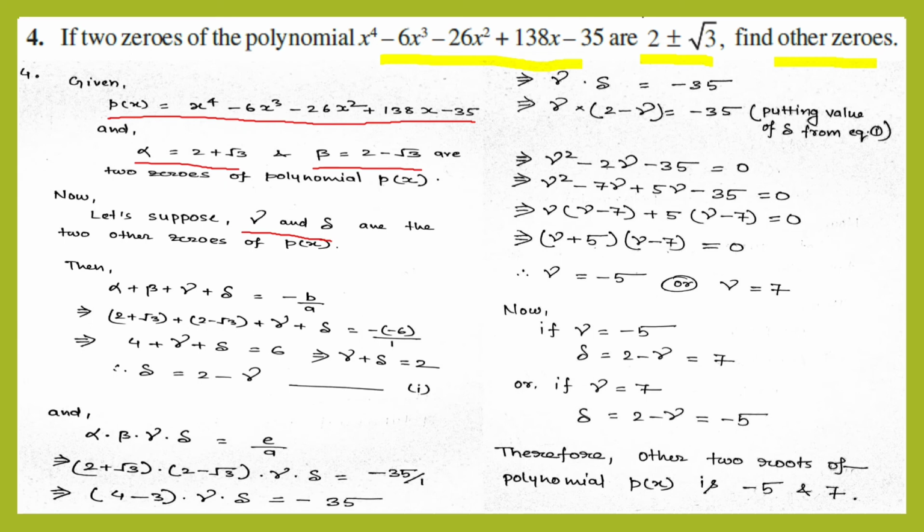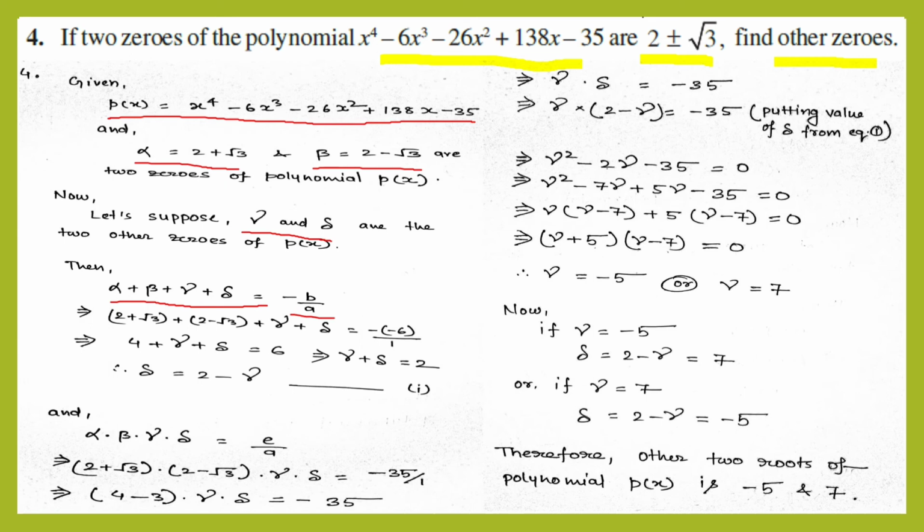Then we can write the first relationship between the zeros and the coefficients of the quartic polynomial, that is, sum of the roots is equal to minus b by a. We can write alpha plus beta plus gamma plus delta is equal to minus b by a.